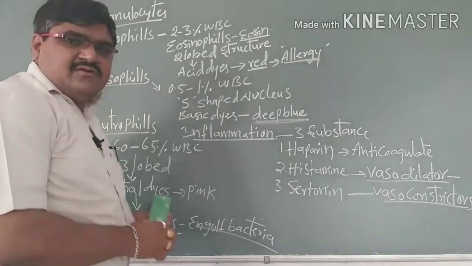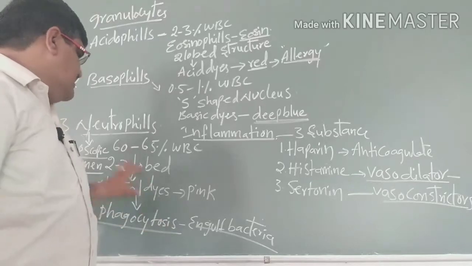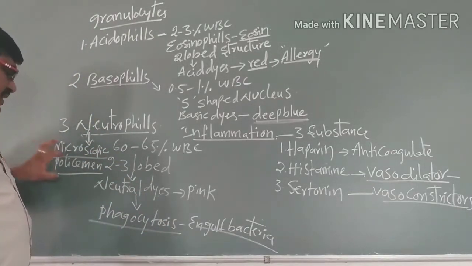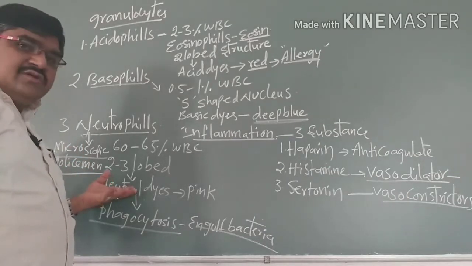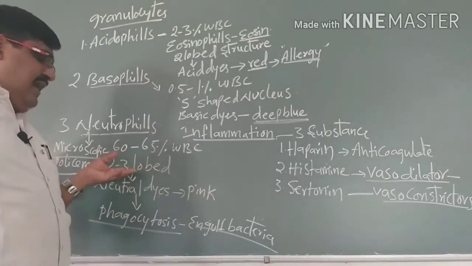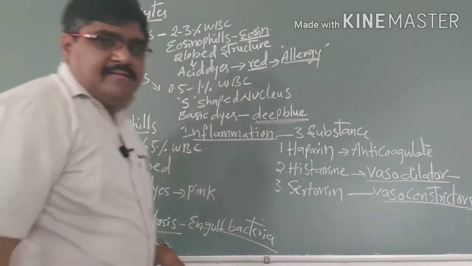So we call such a process phagocytosis. Neutrophils are called the microscopic policemen, and with neutral dyes they produce a pink color, having 2 to 3 lobed structures.